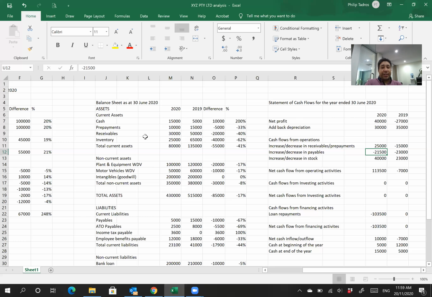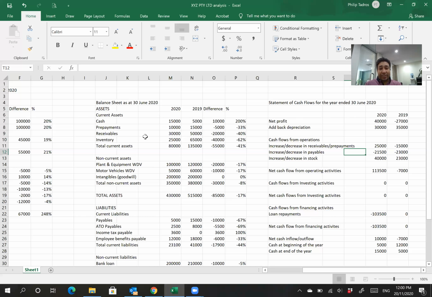Now, on the other hand, a decrease in current assets on a balance sheet perspective may not be a very good thing, because your current assets are reducing. However, from a cash flow perspective, it may be seen to be a good thing, because if your inventory is decreasing, it may be that you're selling off stock very quickly.